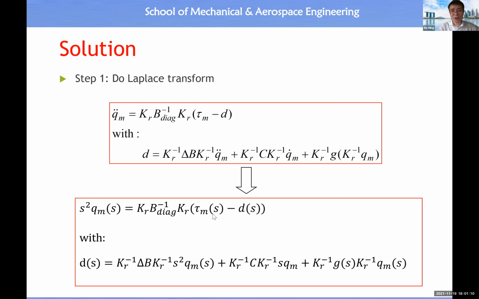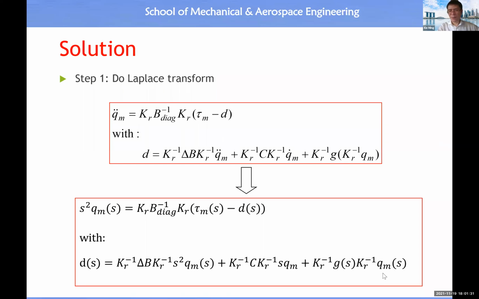Here is the Laplace transform of tau, and the Laplace transform of d(t). Here you have a double dot, which becomes S squared. Here you have a single dot, which becomes S. And here actually you have a G function of q_m. So conceptually, you can write it this way.